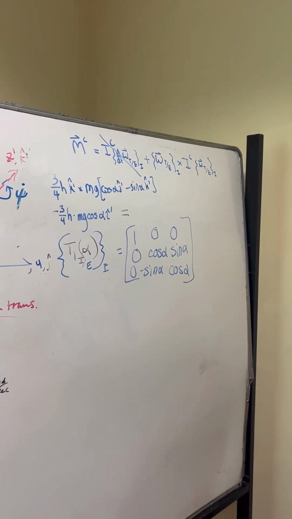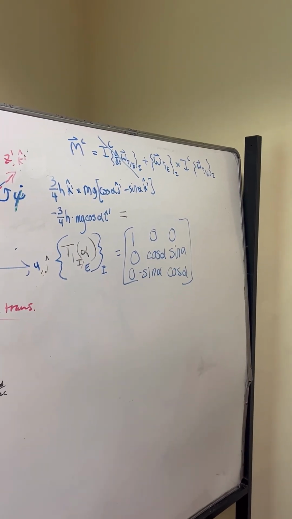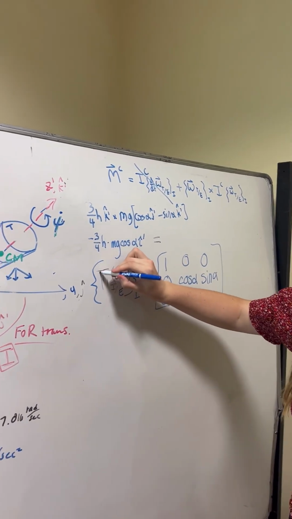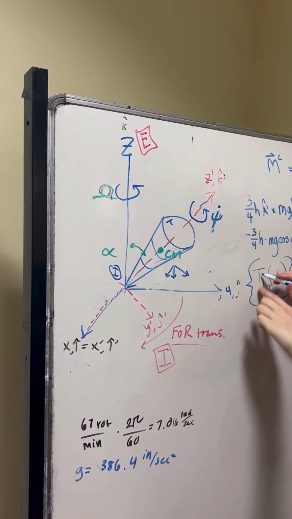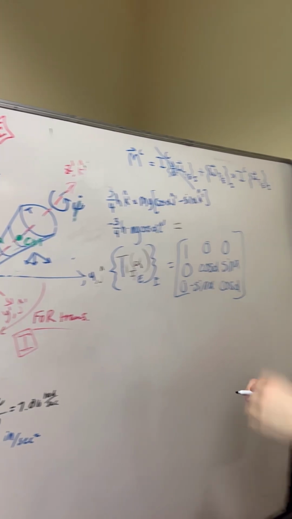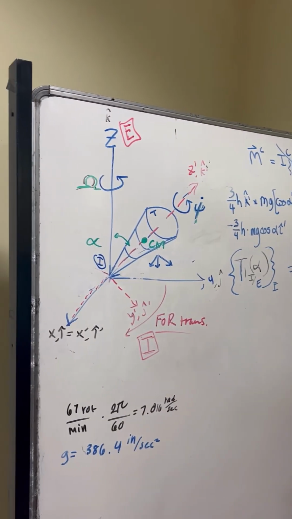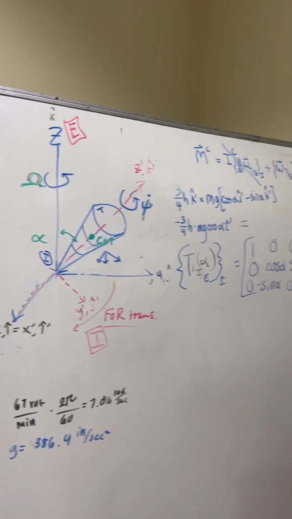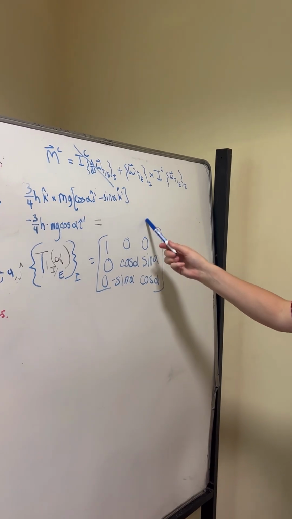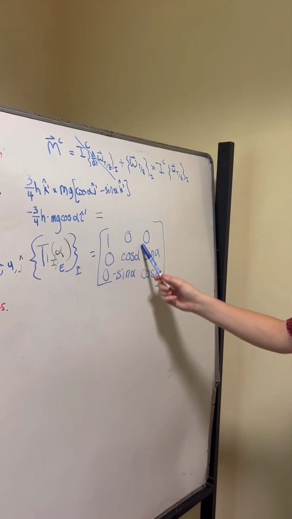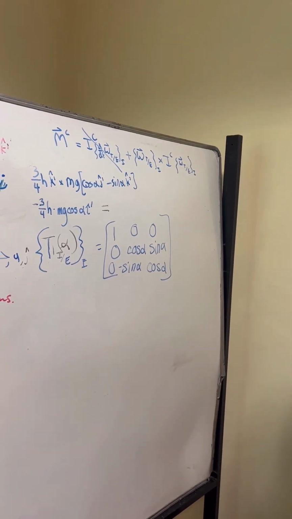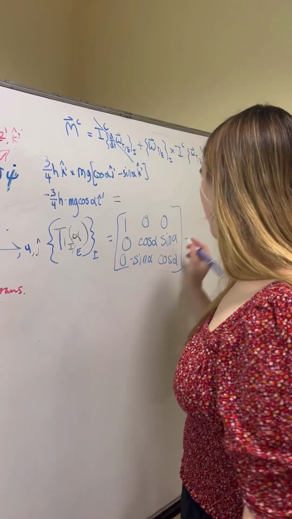And then we know that the angular velocity of the top in the Earth reference frame is just about the z-axis at the angular speed omega. So let's write the vector next to the matrix.